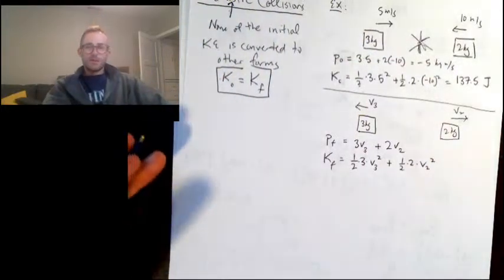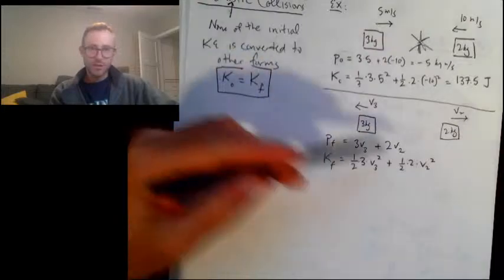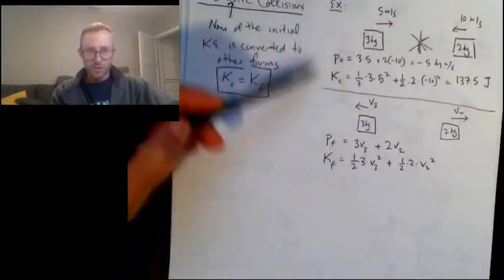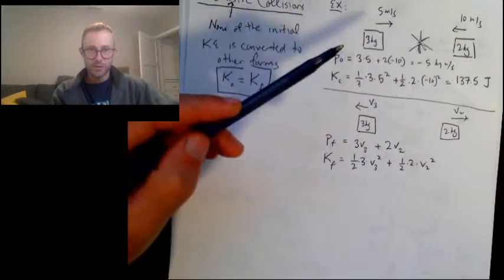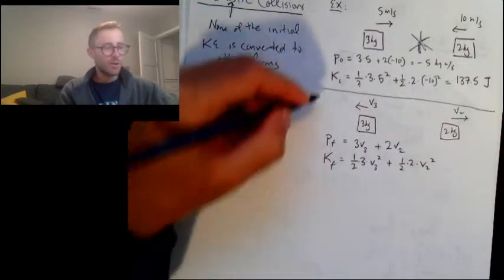Okay? So basically, after the collision, we have abstract expressions. Before the collision, we have concrete expressions. Okay? So now we set up our equations.